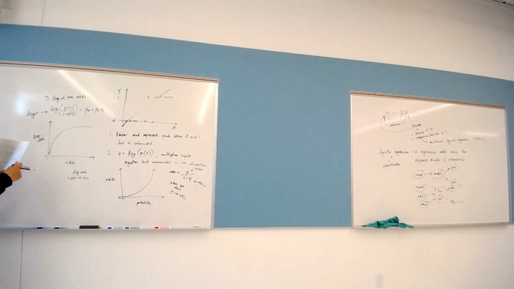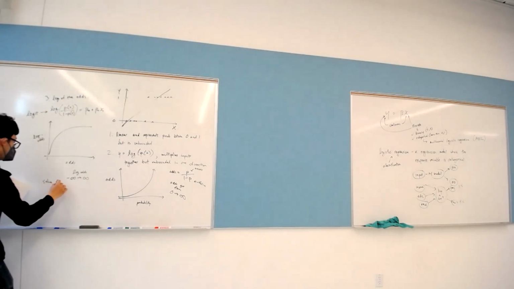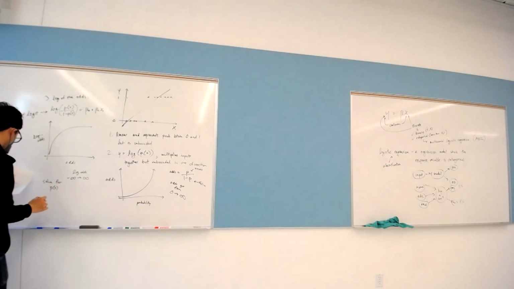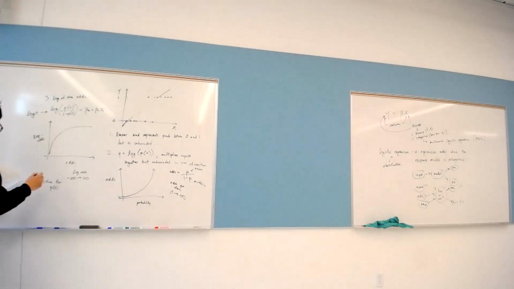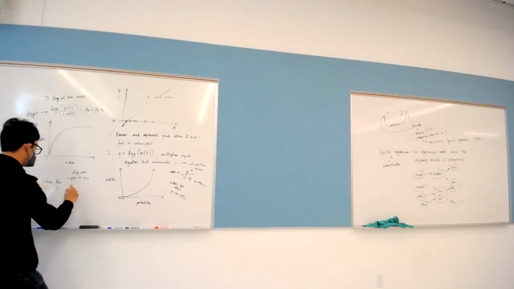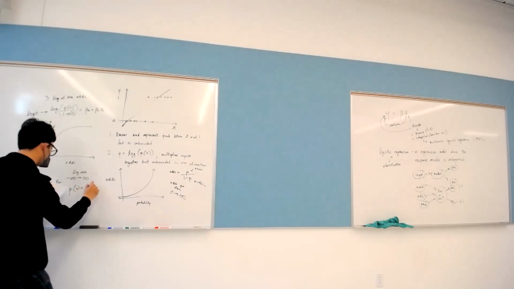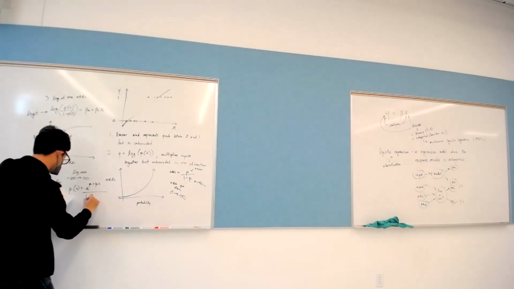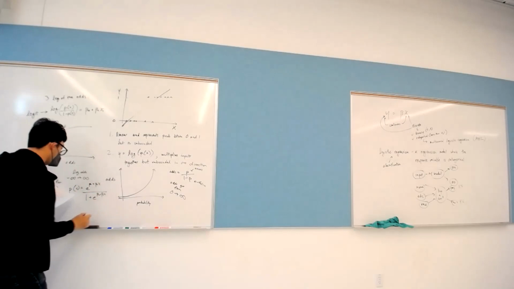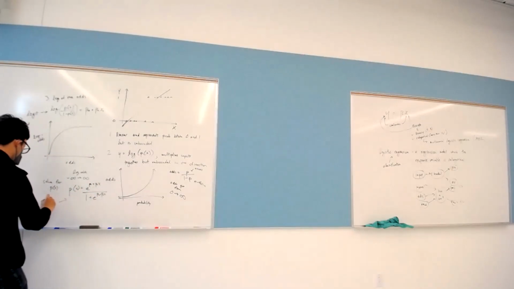And so if I want to solve for my p of x, you can do the math and end up with something that looks like this. And this is known as your inverse logit.